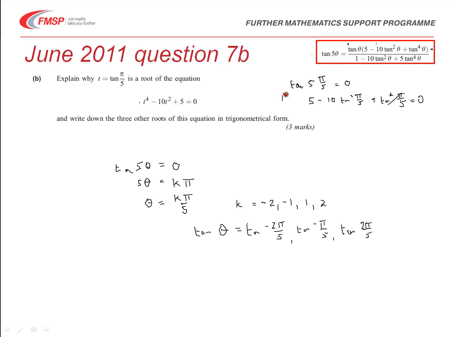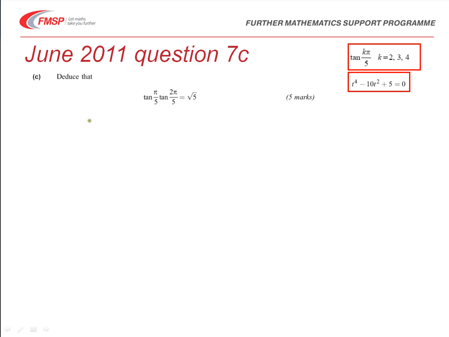That's 1 mark. For then explaining how it fits that equation is the 2nd mark, and then for obtaining these alternative values you get a mark for doing that.